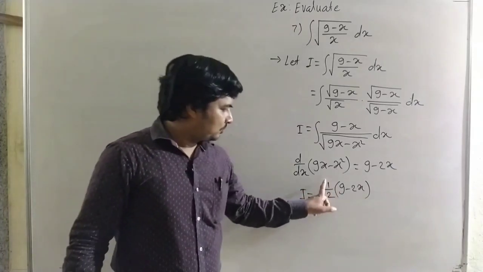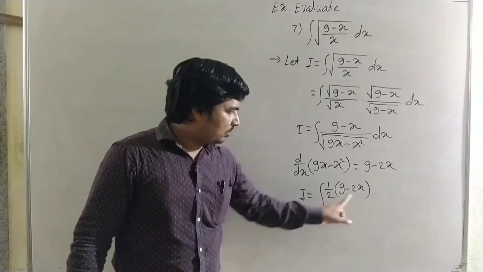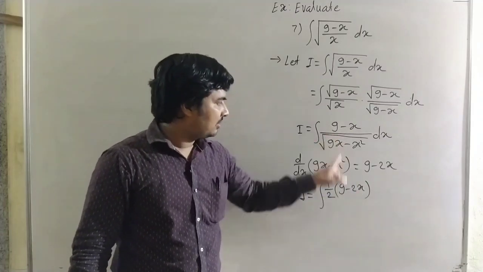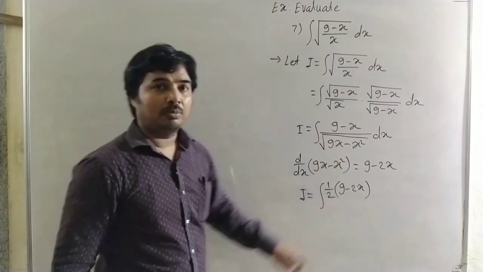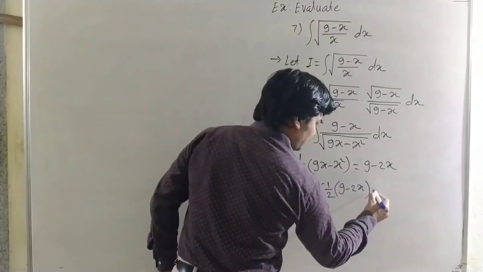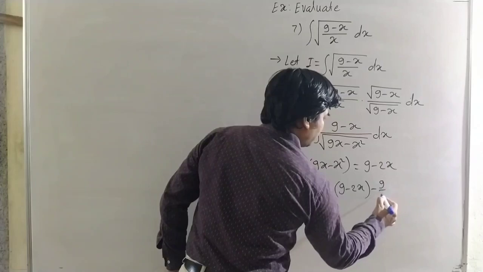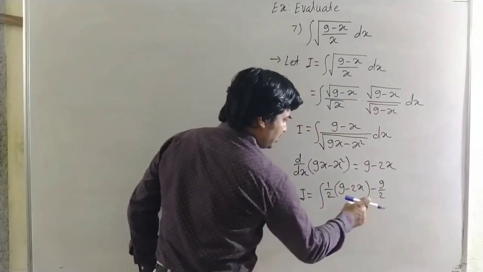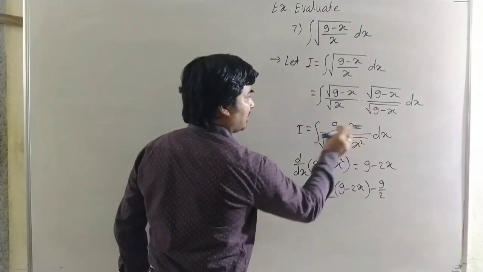When we multiply 1 by 2, here it is minus x, but here it is 9 by 2, but we want only 9. So we add 9 by 2.